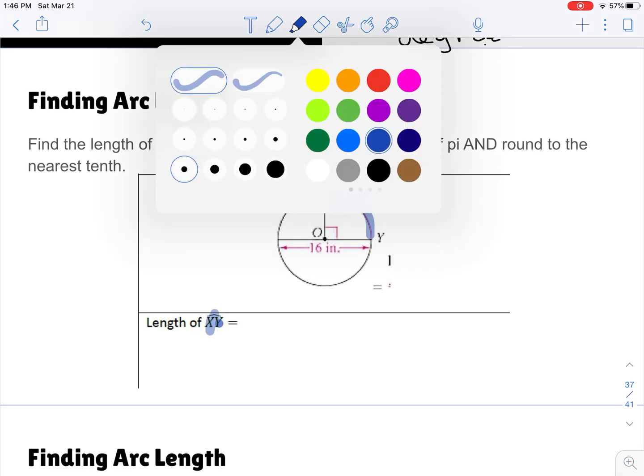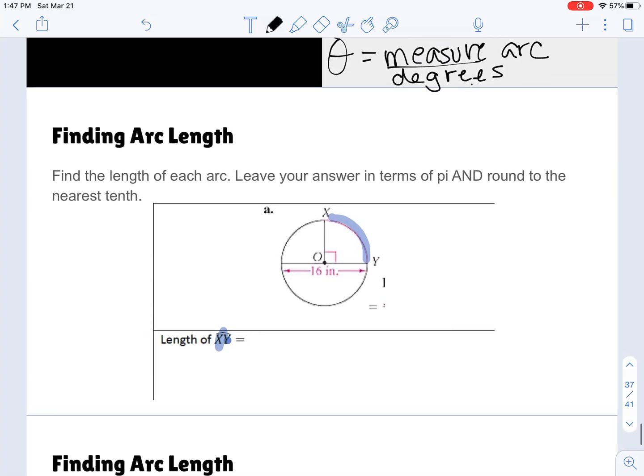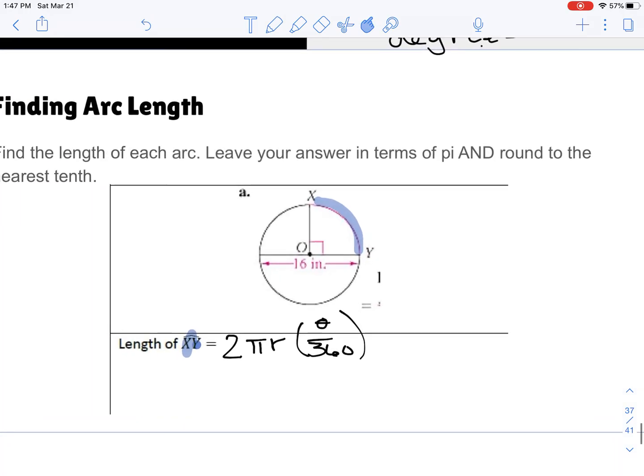The first thing we need to know is what formula we're going to use. Well, the length of arc XY is 2 pi r times theta over 360. We need to substitute for r, and we need to substitute for theta.